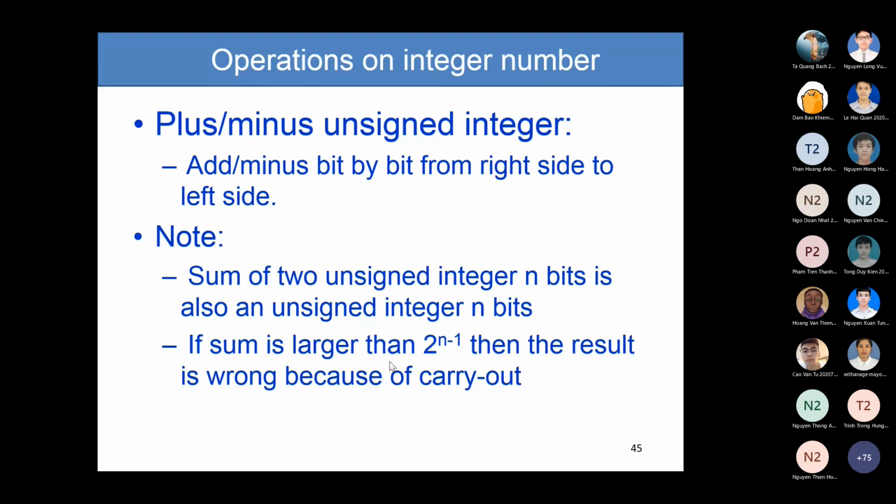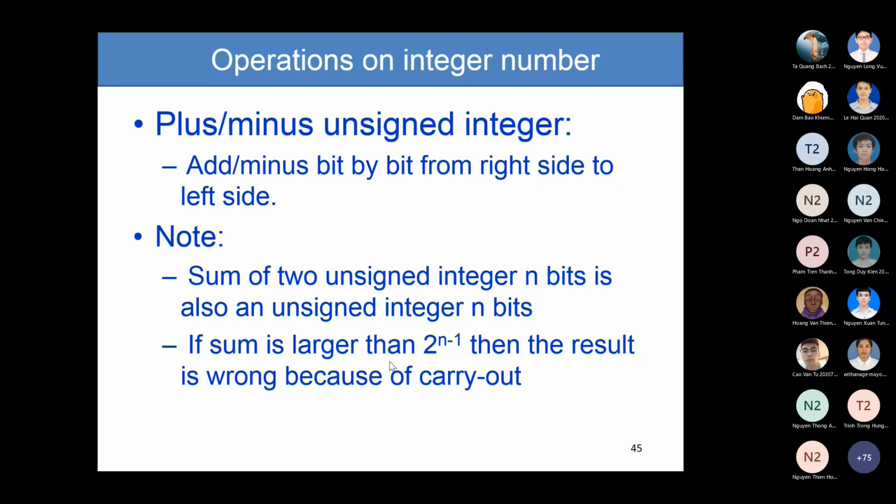But in the computer, the number of bits is fixed in advance. So if the last carry is still remembered, the result will be wrong because that bit will be lost, since the number of bits is fixed. For example, if we add two 8-bit numbers, the result must also be 8 bits.